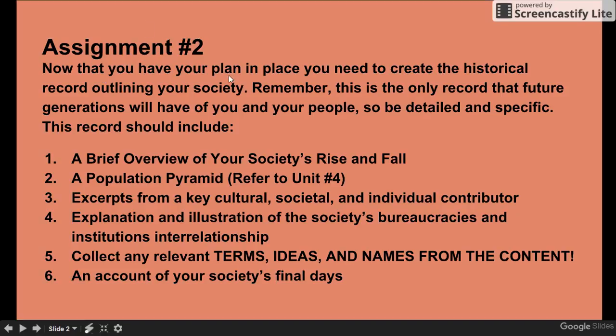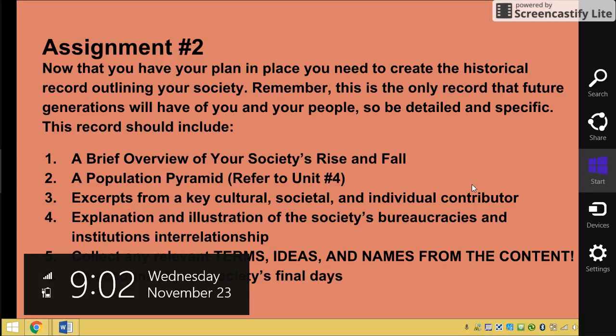So now that you have your plan in place, you need to create the historical record outlining your society. Remember, this is the only record that future generations will have of you and your people, so be detailed and specific. This record should include a brief overview of your society's rise and fall. You can romanticize the actions of this.